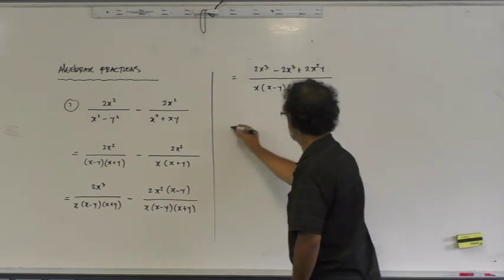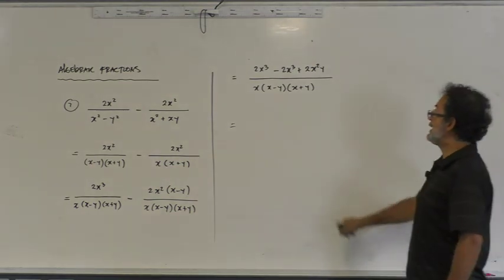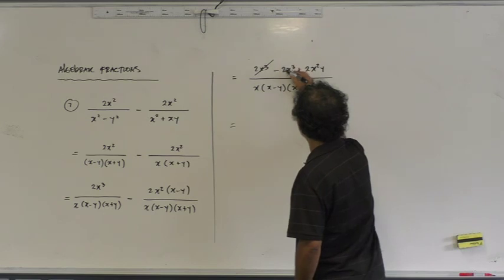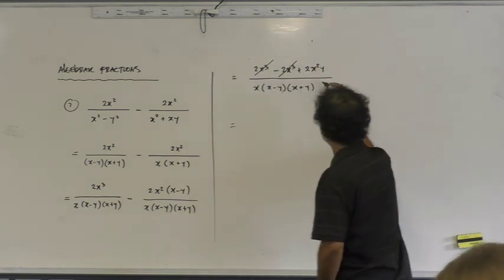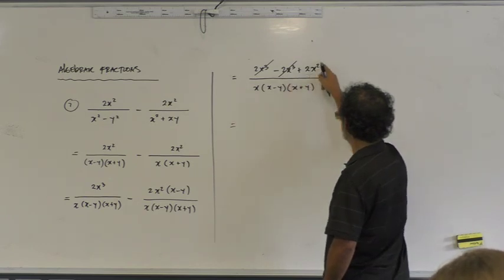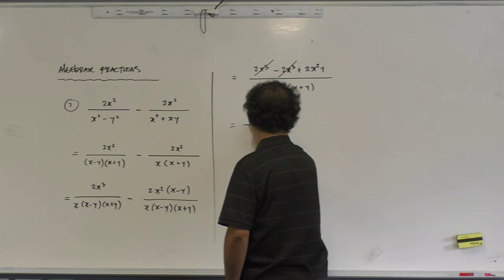Okay, and then can we simplify the top line? Yes. All right, so we get rid of this. And then we're going to have 2x squared y. We can get rid of 1x, so I'm going to write it down first, x squared.